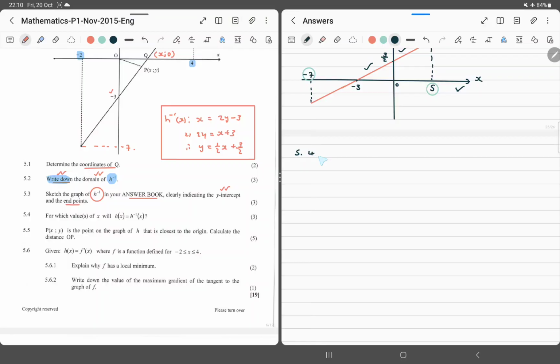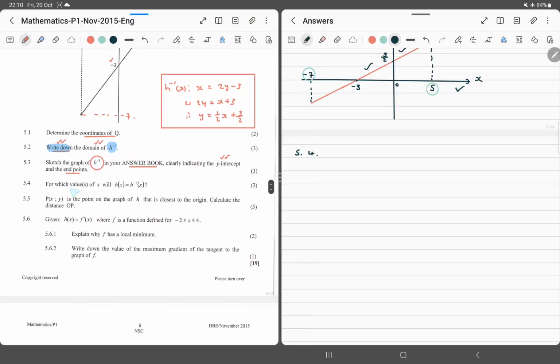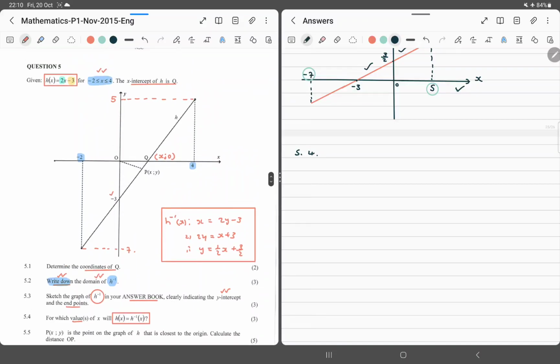So 5.4 says, for which value or values of x will h of x equal the inverse? Obviously, this one is an algebraic calculation, unless on the grid you have this graph drawn, because the inverse graph, because this is already minus 2, so it's going to be cutting at minus 3, somewhere like that.